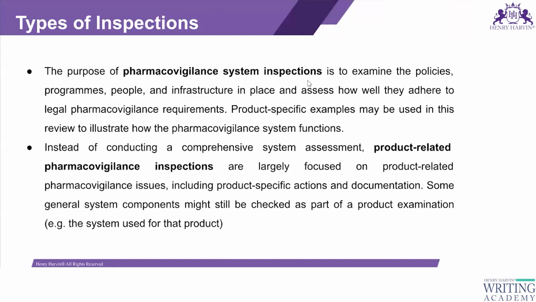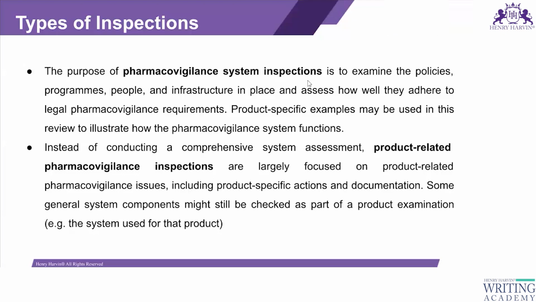Okay. Types of inspections. The purpose of a pharmacovigilance system inspection is to examine the policies, programs, people, or infrastructure in place to assess how well they adhere to legal pharmacovigilance requirements. So what is the purpose of a pharmacovigilance inspection?